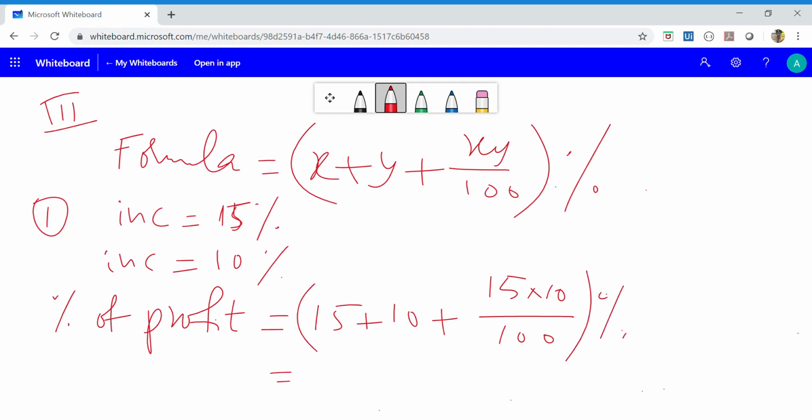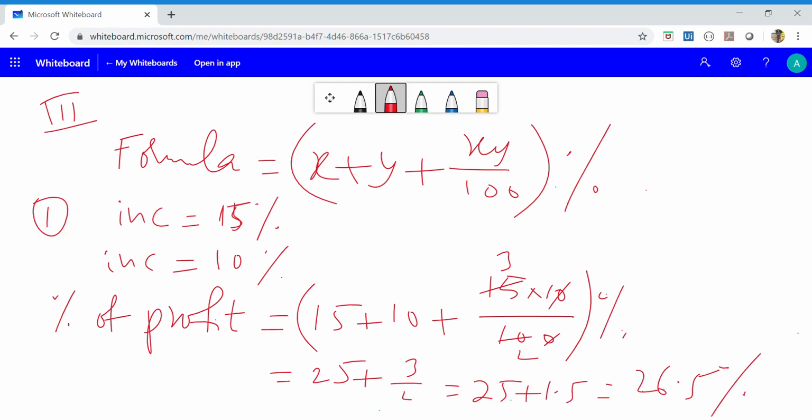So 15 plus 10 is 25, plus here zeros cancel, 5 threes and 5 twos, 3 by 2, which is 1.5. So 25 plus 1.5 is nothing but 26.5% profit. If he increased the value of the goods by 15% first and successively increased 10%, then on the whole he will get a profit of 26.5%.